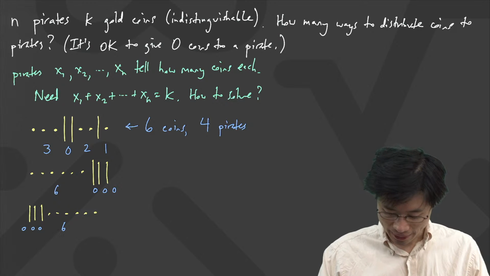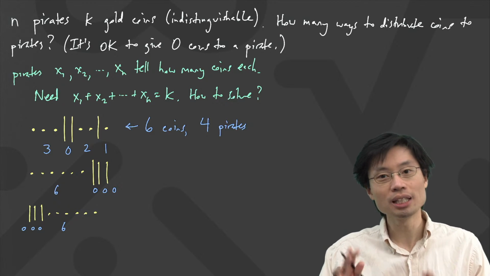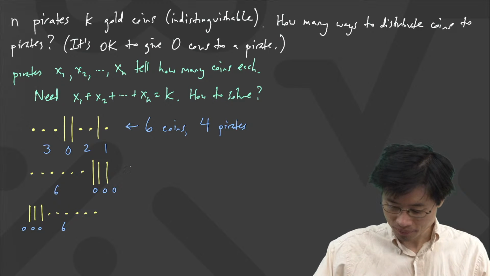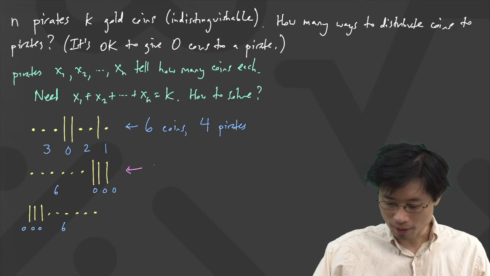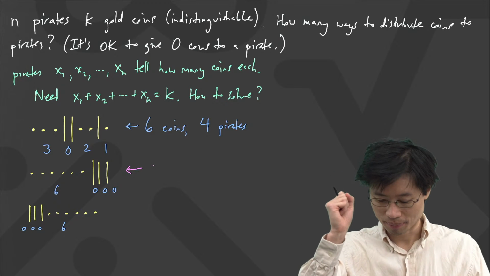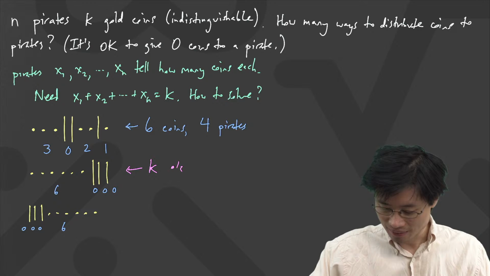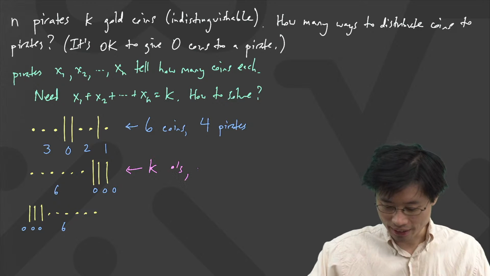Okay, so the way that came about is you said, how many of each kind of thing are there? Well, what I see here is that in all of these, the number of these solid things, the number of dots, is the number of coins. So k of these, and then there are n minus 1.